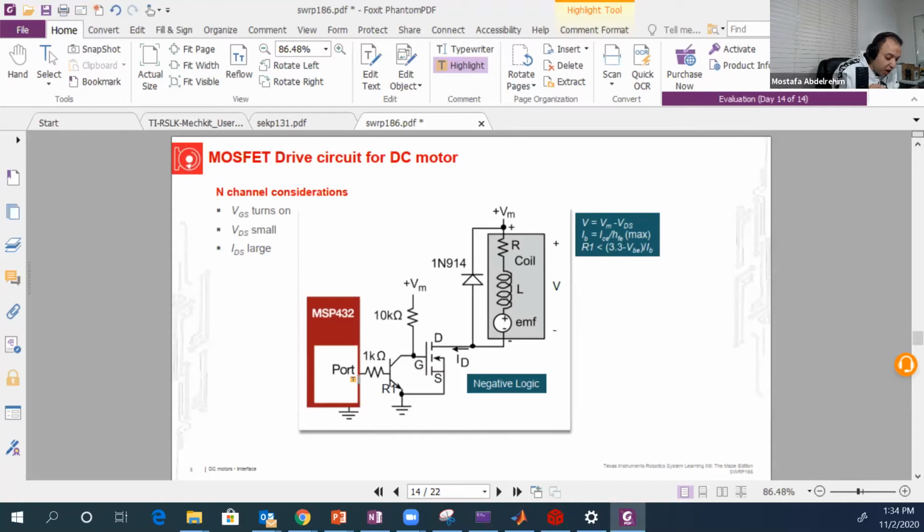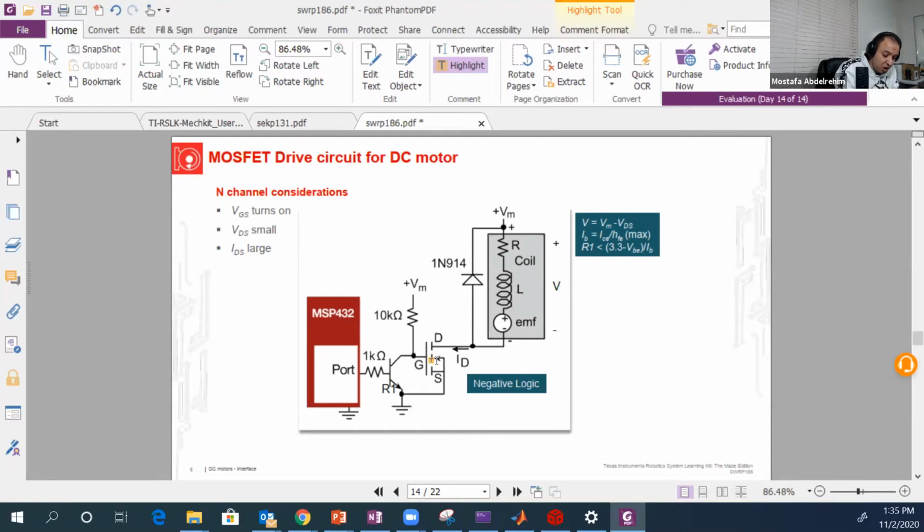So if you have high here, then this will work. Okay, and if this will work, all the current will go into the BJT transistor, and nothing will go to the VGS, the voltage between the gate and the source of this NMOS transistor. So it will be off.